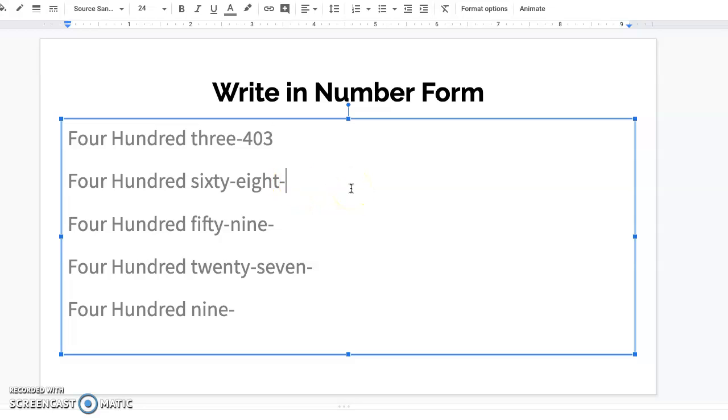All right, 468: 4, and then 60 is in the tens place, and 8 is in the ones place. 459 would be 400, 50 would be in the tens, and 9 would be in the ones. 427: 4 in the hundreds, 2 for 20, and then 7 ones. And then 409 says 400. It doesn't give us any tens, so we put a 0, and then we have 9 in the ones.